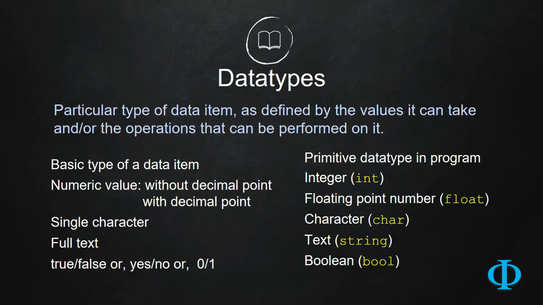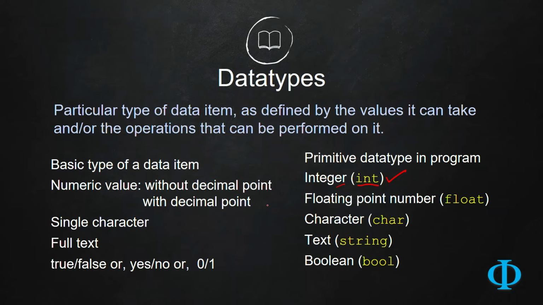The first one is, let's say, numeric value. A numeric value can be without a decimal point or with a decimal point. When it is just a whole number without a decimal point, we call it an integer, and in C++ we denote it as int.